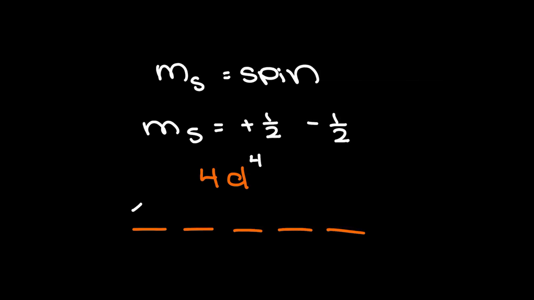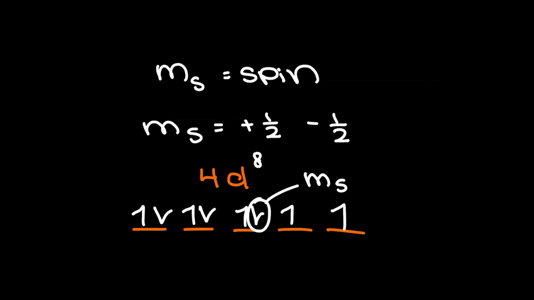So we're going to start filling this up. Notice this is pointing up. This means that there's a positive 1/2 m sub s. Now let's change the number to 8. 6, 7, 8. Now because this one's facing down, m sub s would equal negative 1/2.